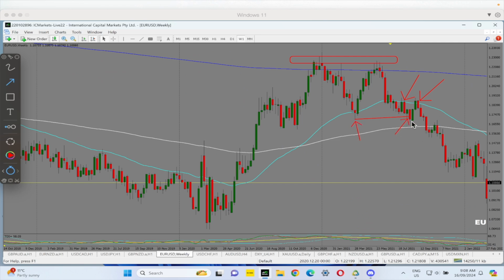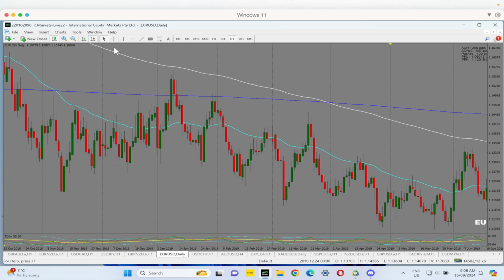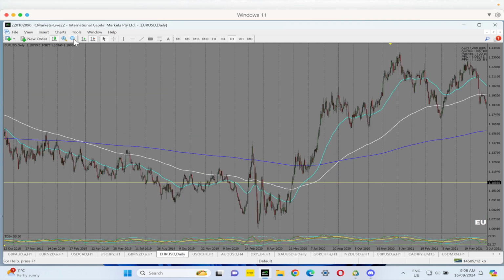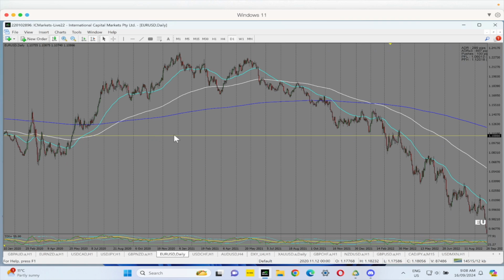And then again, the market stayed there for a few days because these are weekly candles. If we were to go to the daily time frame of this pair, you'd see that the market stayed there for a while.